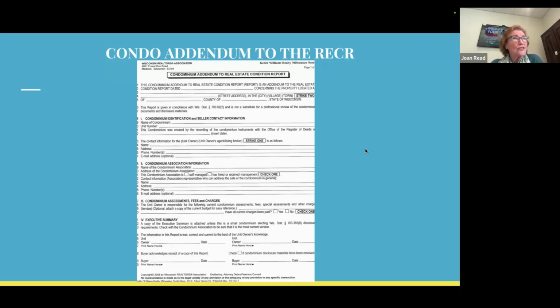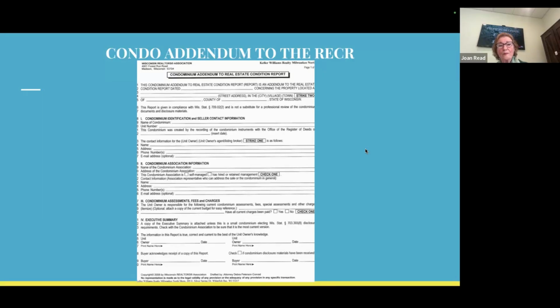But those declarations, bylaws, and decks are very, very important to the lifestyle that the buyer is going to live in that condo. And some are very restraining and some are very loose. Can you have pets? Can you rent it out? All these different things are in the condominium disclosure materials, and they must be read carefully.